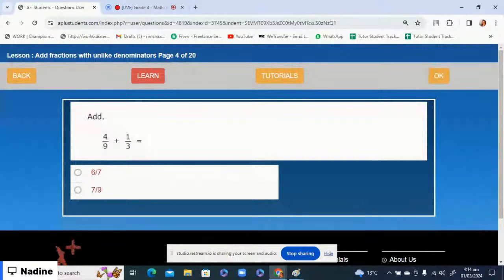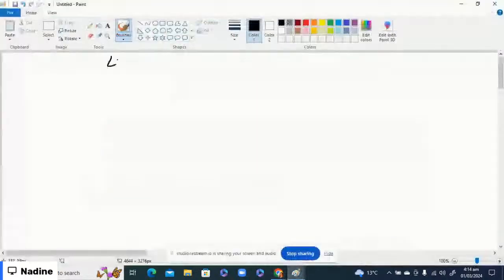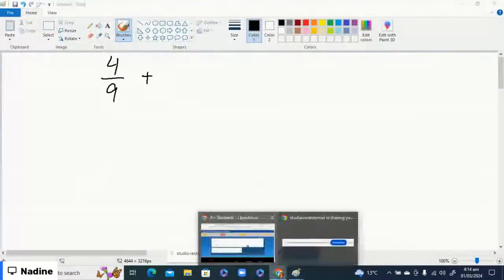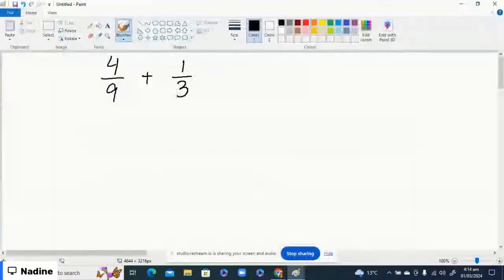Now 4 by 9 plus 1 by 3. Let's do this one. So it's 4 over 9 plus 1 over 3. Okay, let's do that one. 4 over 9 plus 1 over 3. So what is the smallest denominator? That is 1 by 3. We are writing it here. Now to make the denominator equal to 9, how to make it 9?